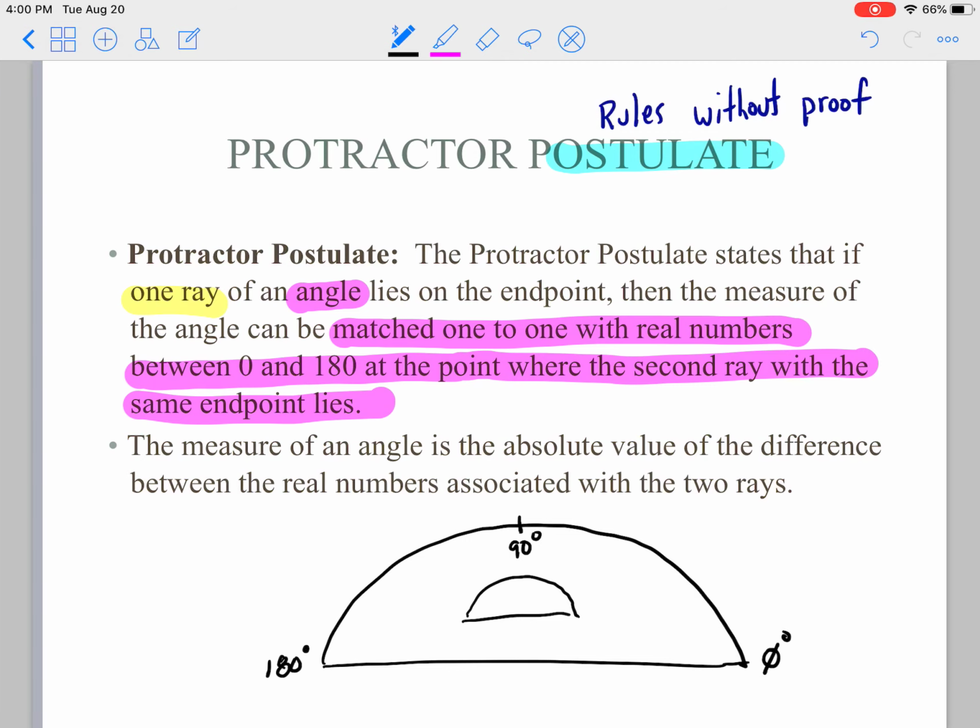What this protractor postulate states is that if I have one ray that I sit on this 0, then I can draw the other side of the ray to anywhere along this protractor, and it will match to a degree value. In this case, it might be 75 degrees.